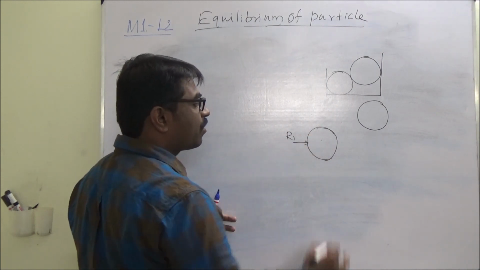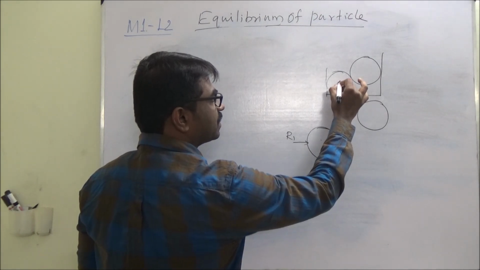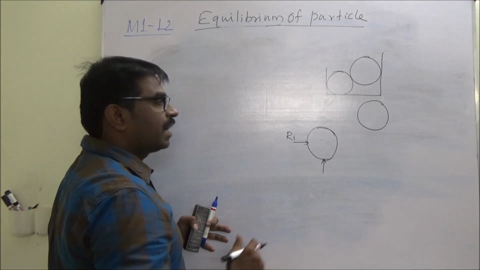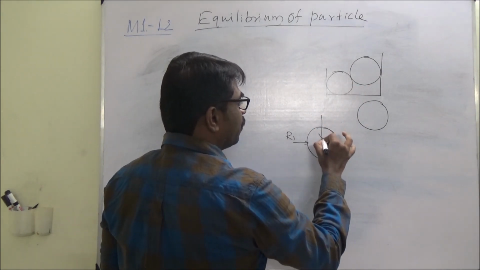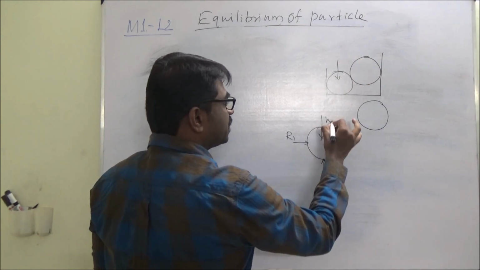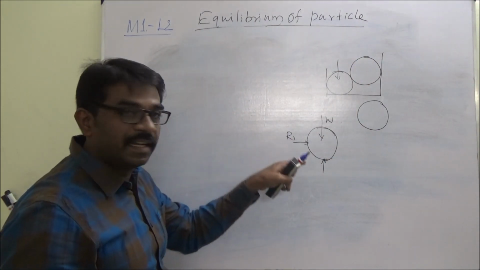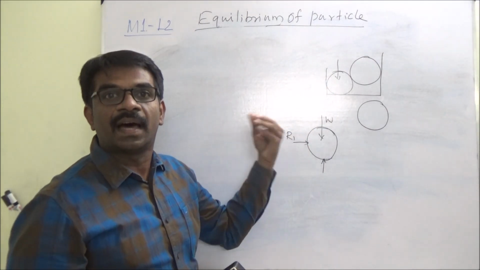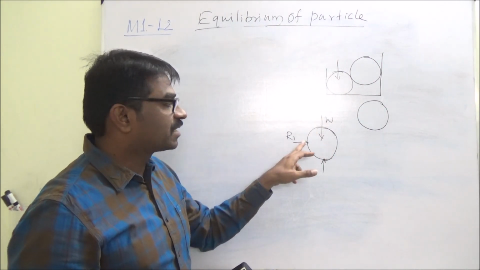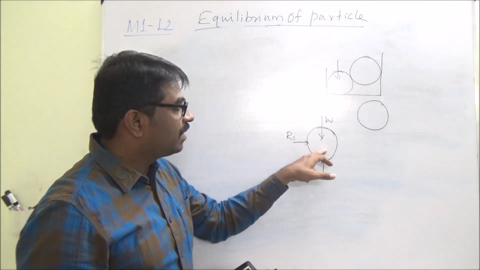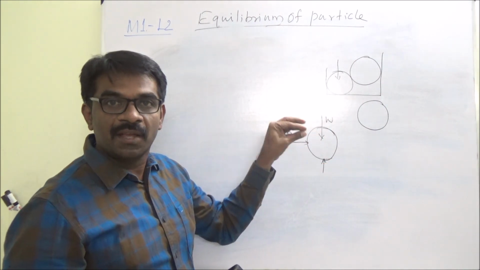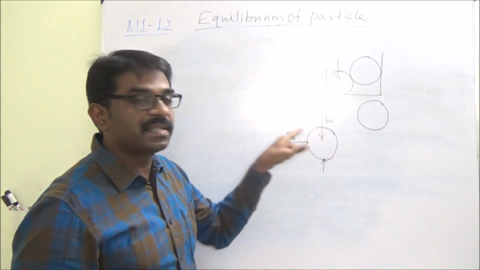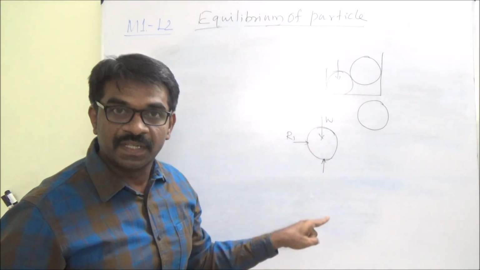Say, for example, this is R1, then this surface exerting a force on this body, that will be put like this, and then the weight will be acting vertically down. So when a body is in contact with another surface or another body, the reaction will come into the picture, and then the weight of the body, if the mass is considerable and cannot be neglected, is acting always vertically downward.